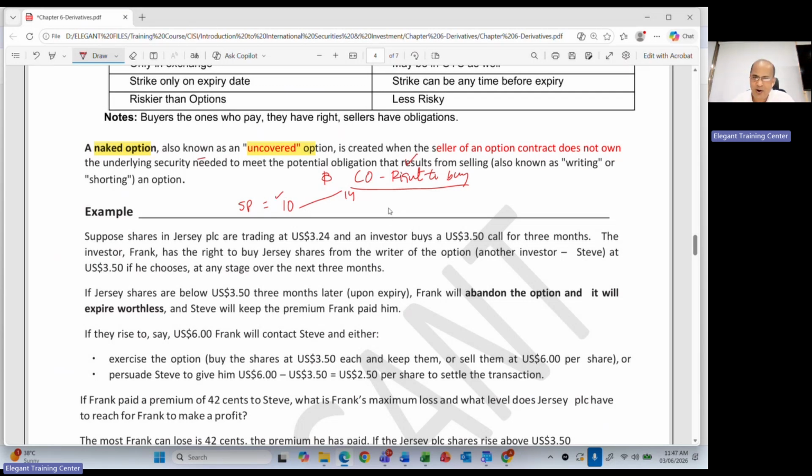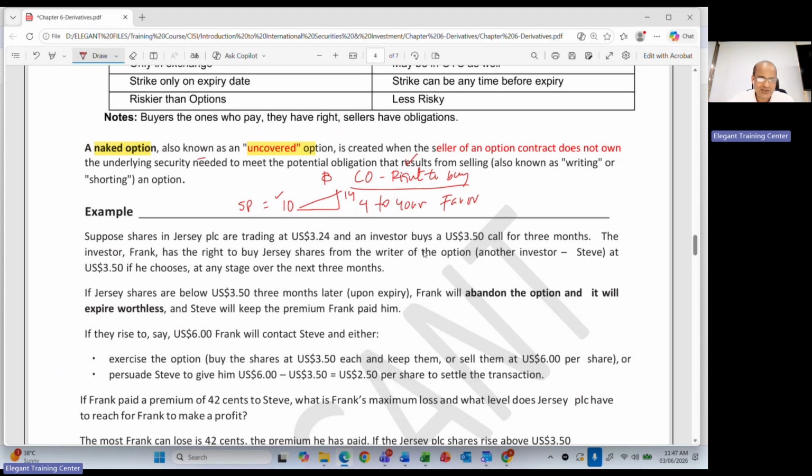Is it good for you or not? Yes. So what will you say? Hey, I want my shares. You will exercise the right. So this 4 dirhams is in your favor. So when you say, hey, I want to buy, the seller has to deliver you the shares.